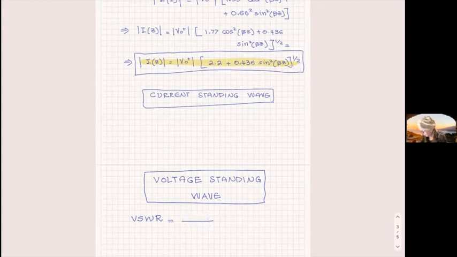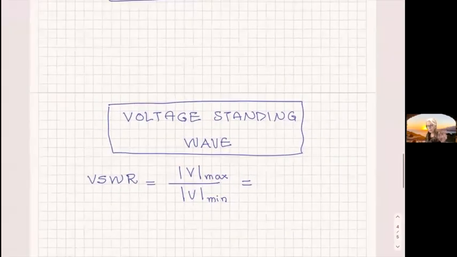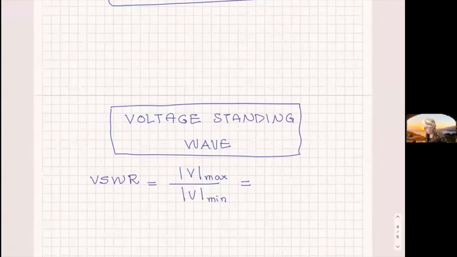I will put V voltage max over V voltage min, even if some people may put the max and min inside. But now you say, do you have to really do all of these calculations to find it? No, what people have found out is that this is equivalent to 1 plus magnitude of gamma L over 1 minus magnitude of gamma L.